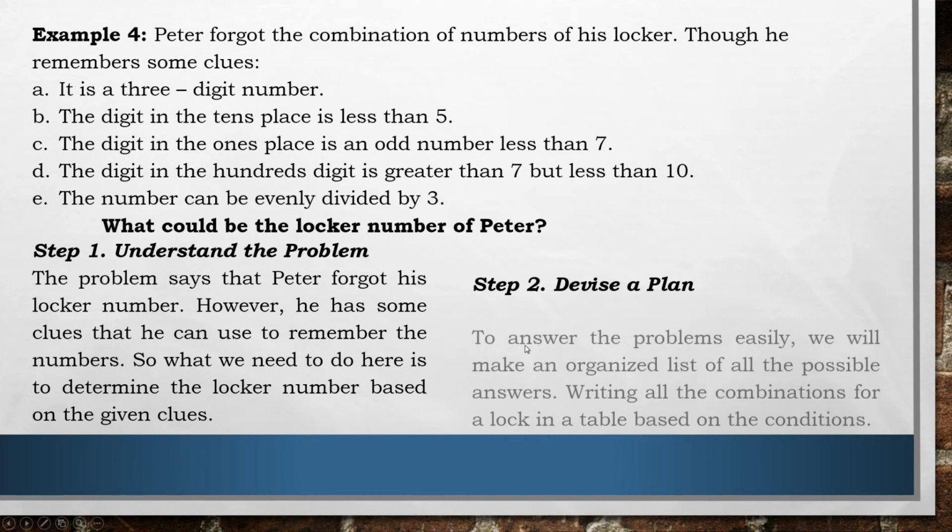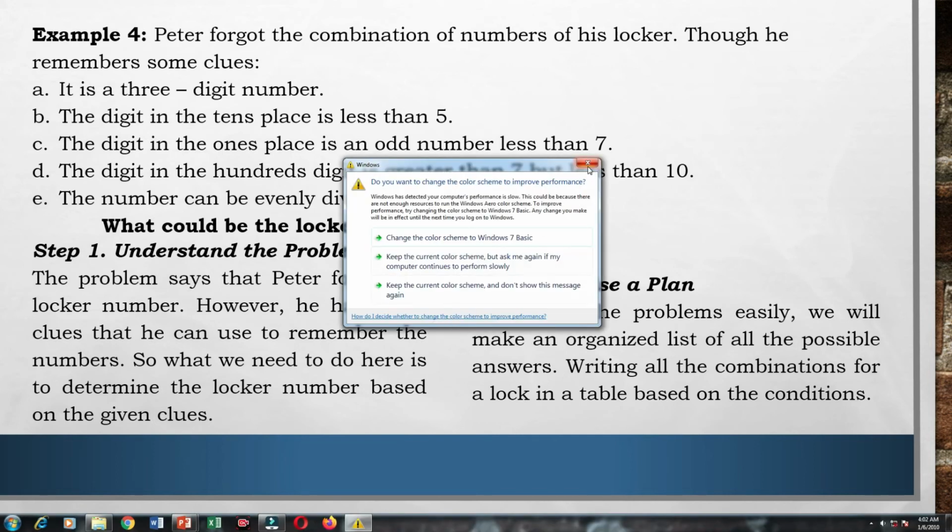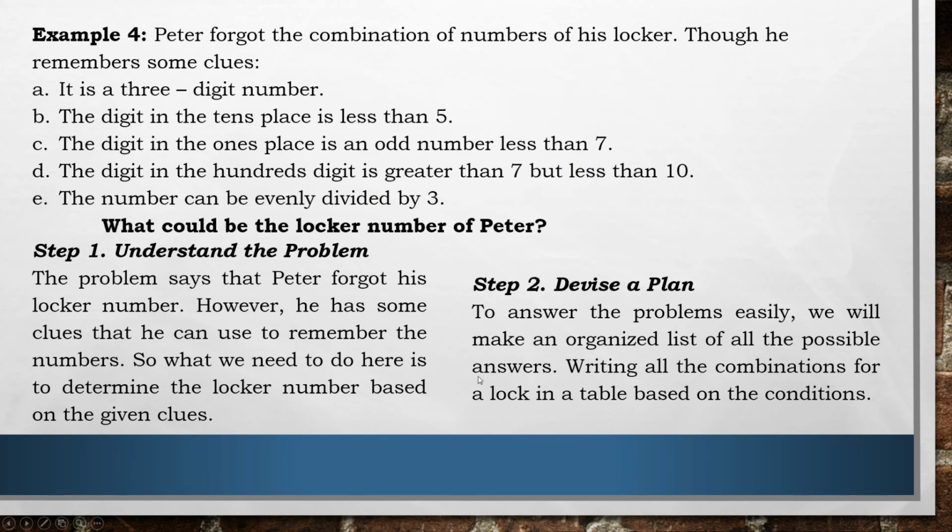We have to devise a plan. To answer the problem easily, we will make an organized list of all the possible answers, writing all the combinations for a lock in a table based on the conditions. So we are going to do listing. We are going to write all possible numbers using the given clues.